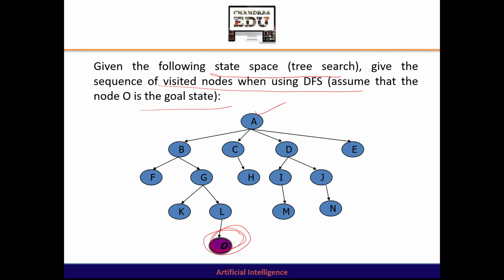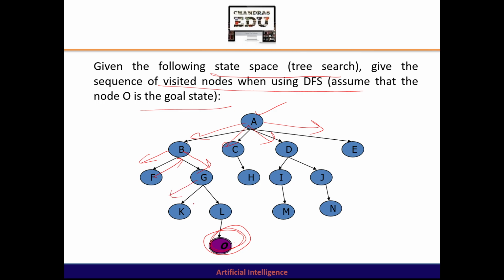From A we have paths to B, C, D as well as E. But as the leftmost is B, it will check the other paths of B, the leftmost path, that is B to F. As F is not the solution, it will come once again to B. As there is another path from B, that is G, it will go to G. Next from G, the leftmost is K.